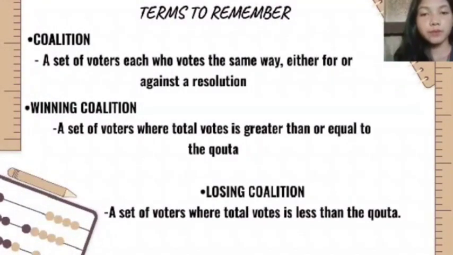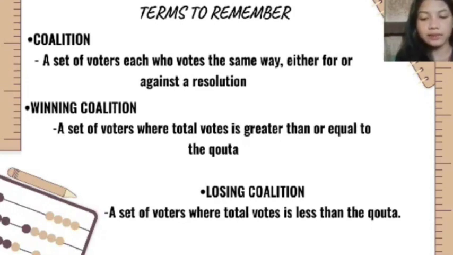Terms to remember. First, coalition. Coalition, a set of voters, each who votes the same way, either for or against a resolution. Second, winning coalition. Winning coalition, a set of voters whose total vote is greater than or equal to the quota. And losing coalition.